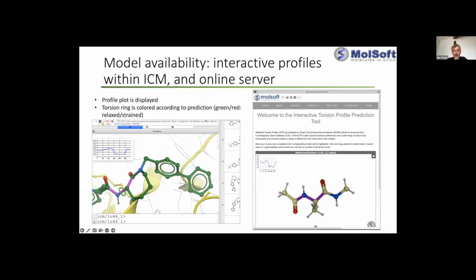If you don't have ICM, you can also try it just online. We have a free interactive service where you can draw a molecule, and then similar to here, just rotate the torsion and watch how the energy changes on that profile in the corner.